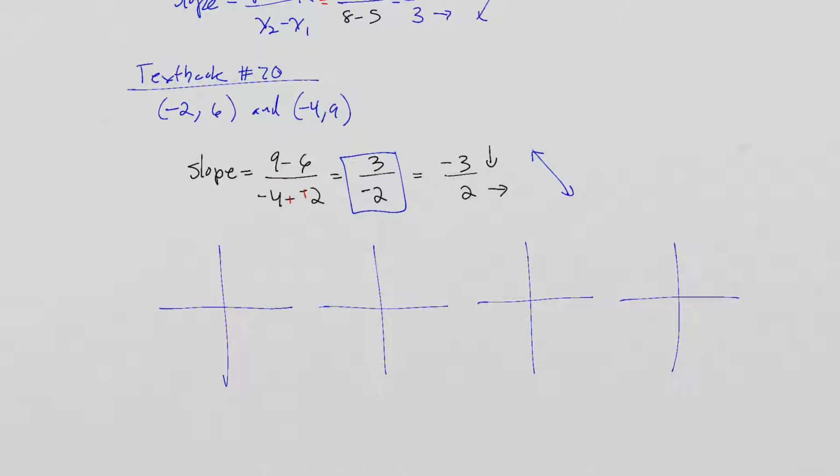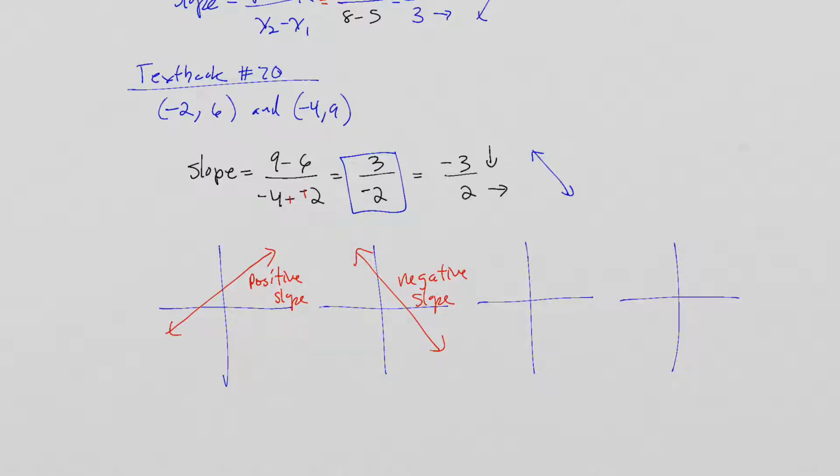Okay, so we can have our line go up the hill like this, or we can have it go down the hill like this from left to right. That's because this is a positive slope, and this is a negative slope.